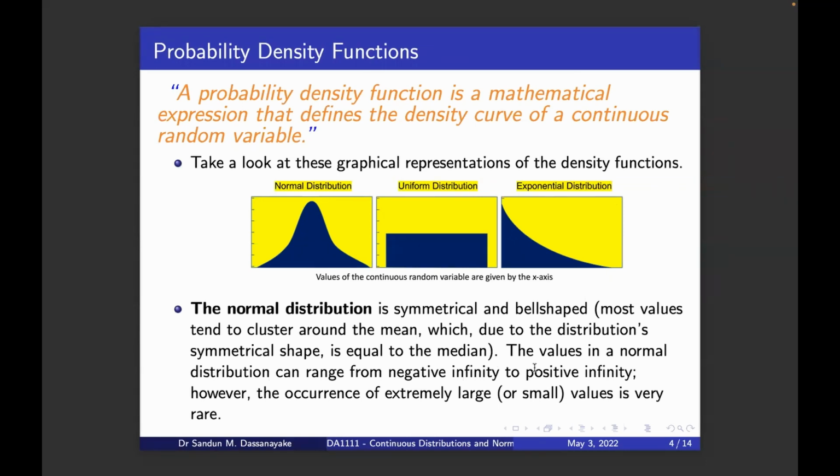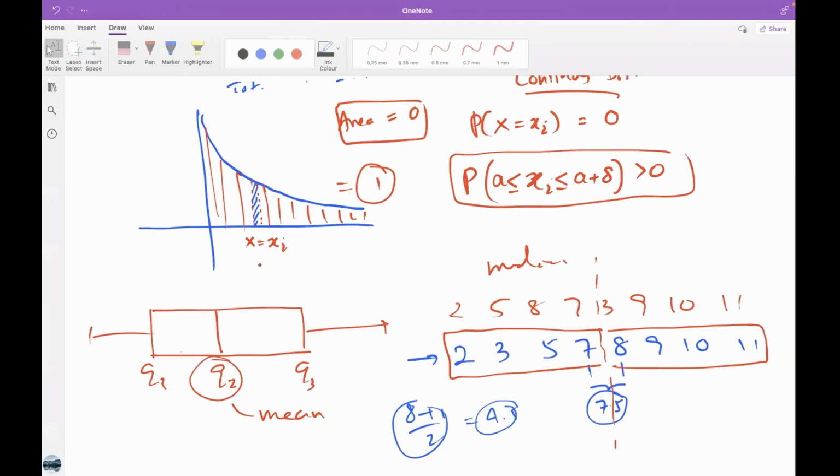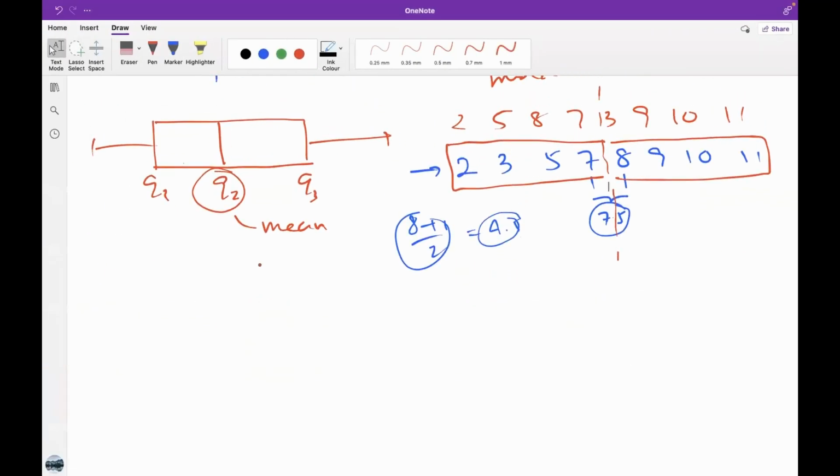So the values in a normal distribution can range from negative infinity to positive infinity, which means this particular curve, there is no connection here. That means if you zoom in, when I draw a normal distribution, a bell-shaped curve, right?